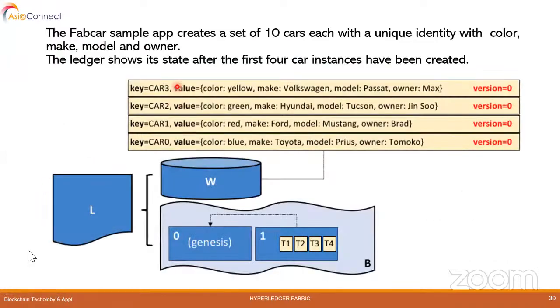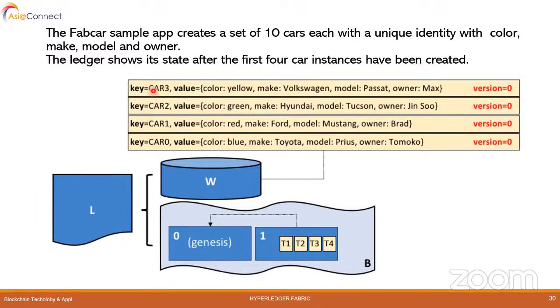In this FabCar example from the Hyperledger Fabric tutorial, the app creates a set of 10 cars, each with a unique identity with color, make, model, and owner. But the ledger shows its state after the first 4 car instances have been created.